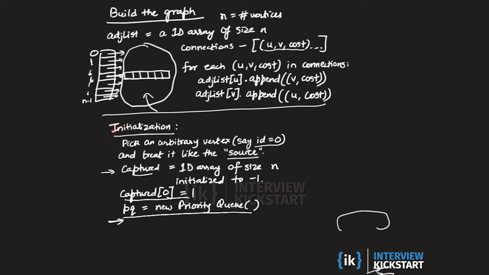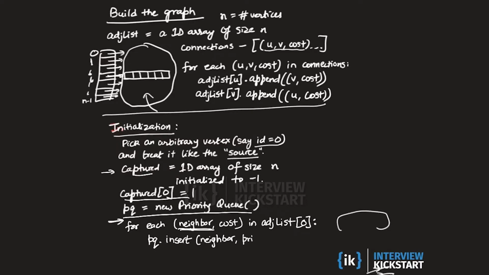But for each outgoing neighbor of the source vertex, and remember that neighbor is also associated with a cost, for each neighbor comma cost in the adjacency list of that source, right, the source has ID 0, what we will do is we will add that neighbor to the priority queue. So we're going to insert into the priority queue the neighbor with the priority value being equal to the cost of that edge.